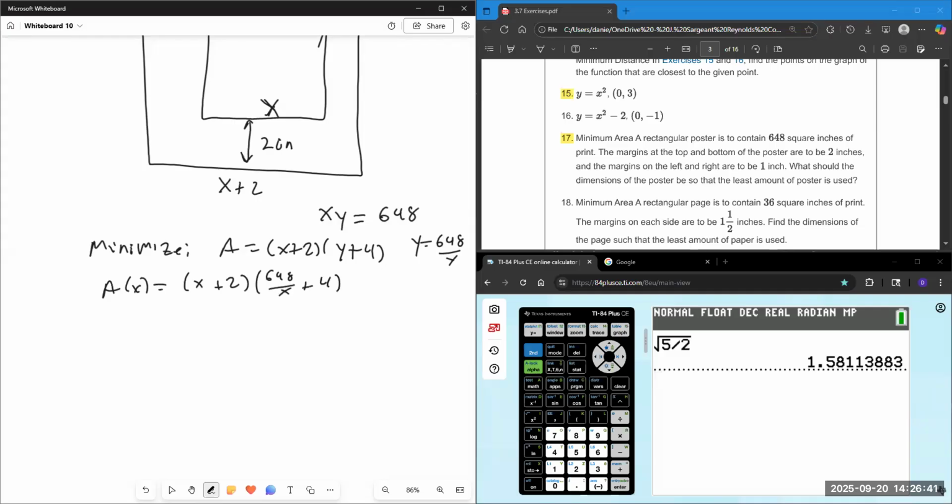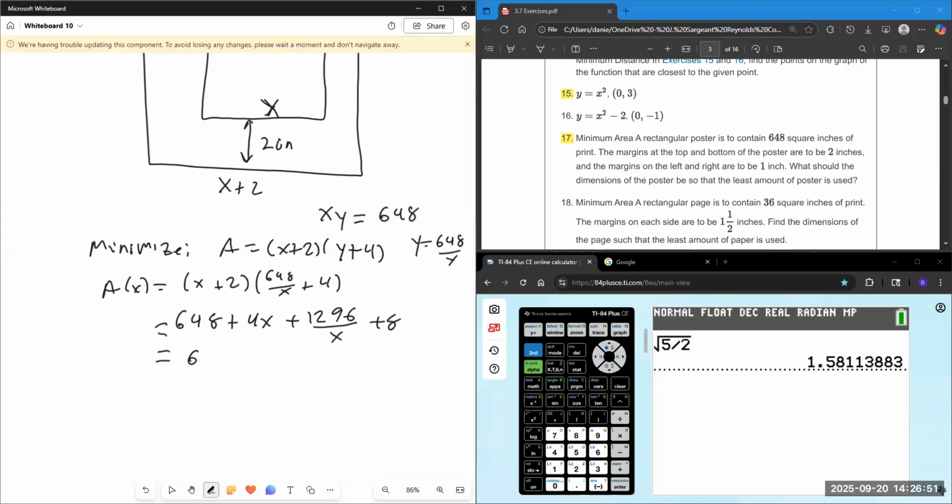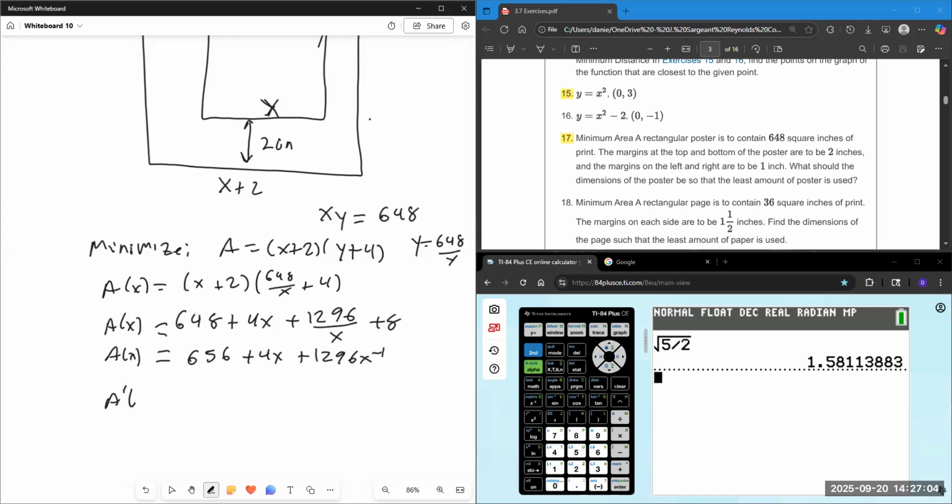So that's 648 plus 4X plus 1296 over X plus 8, which is 656 plus 4X plus 1296 X to the negative first. So the derivative is 4 minus 1296 X to the negative second.